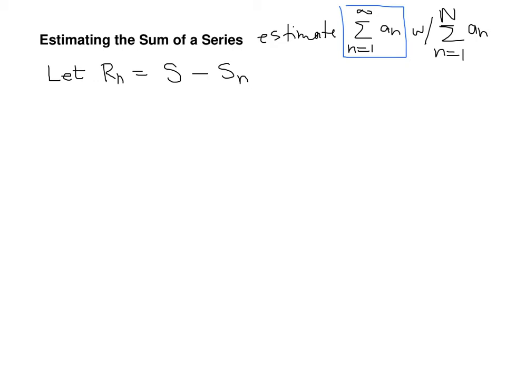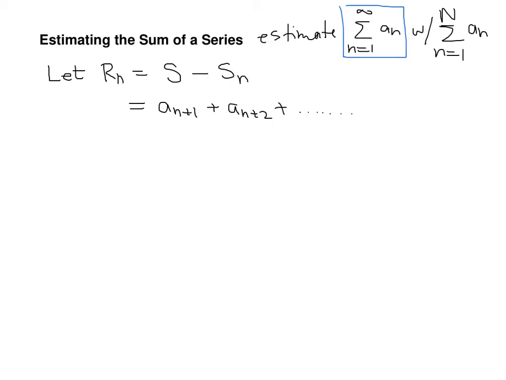So when you subtract these two, you end up with a sub n plus 1 plus a sub n plus 2 plus etc., all the way forever. So if you had found the remainder of stopping at, say, 100, you'd have the 101st term plus the 102nd. That's what's left over.